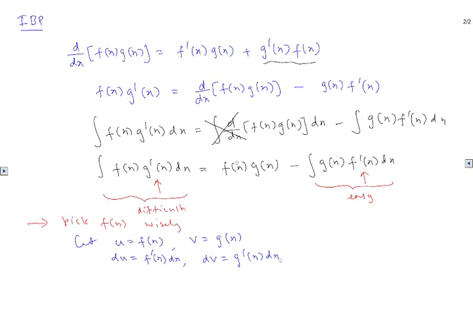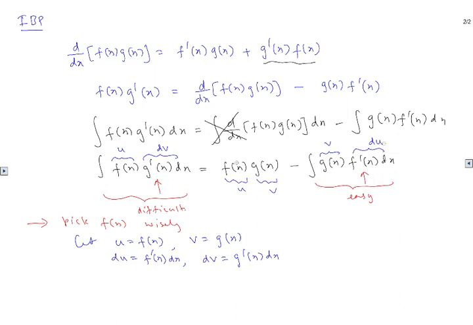Now we can substitute. If you look at the formula, this part simply becomes u, this part becomes dv, this is u, this is v, and f prime(x) dx is du.